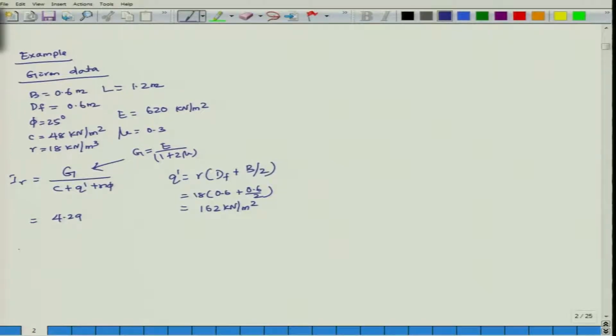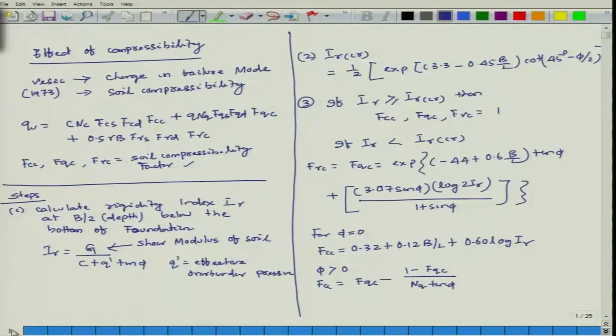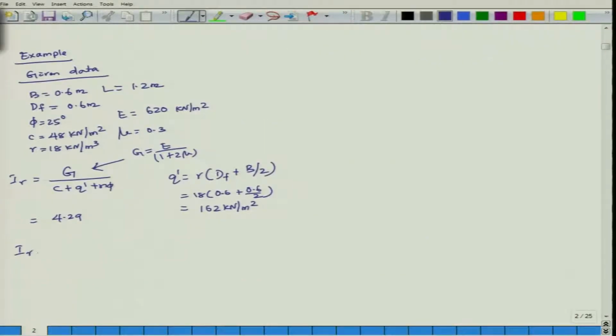Then you calculate this value, the critical rigidity index, which you have to compare. So IR CR, the critical rigidity index, comes out to be 62.46.